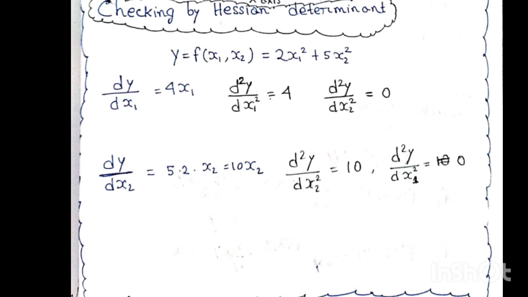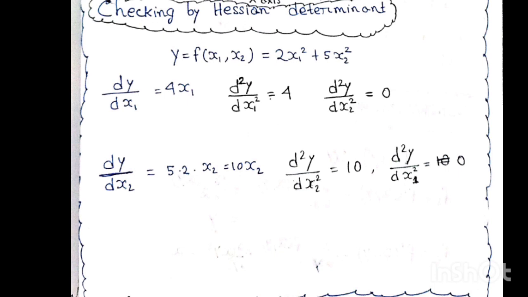Then we have to find the second order derivative of y with respect to x2, that will be equal to 0, because there is no term of x2 in the first order derivative of y with respect to x1, which was 4x1. So the second order derivative of y with respect to x2 will be equal to 0.